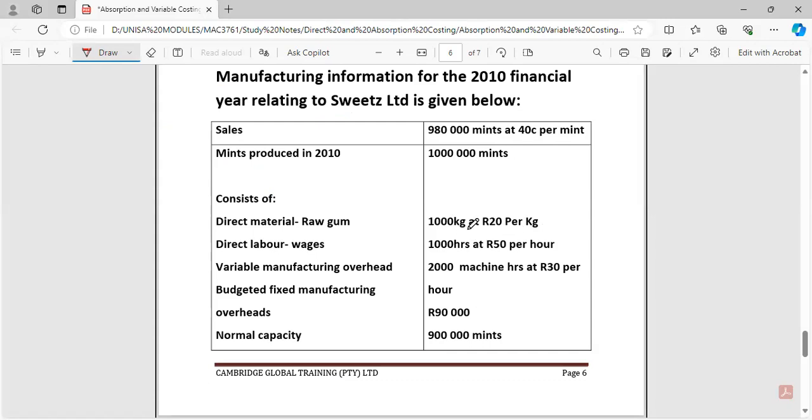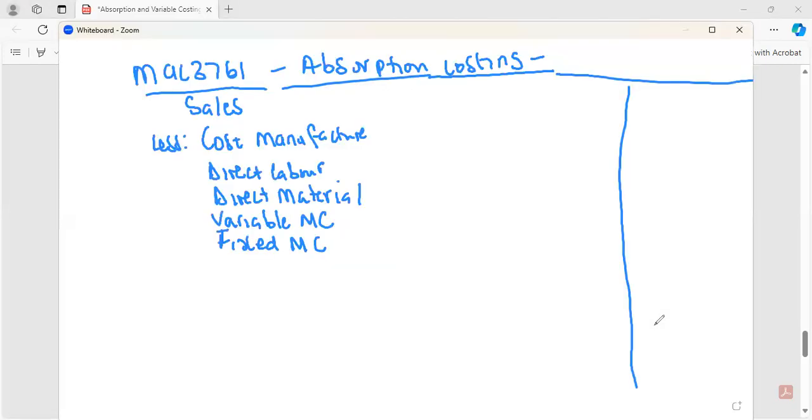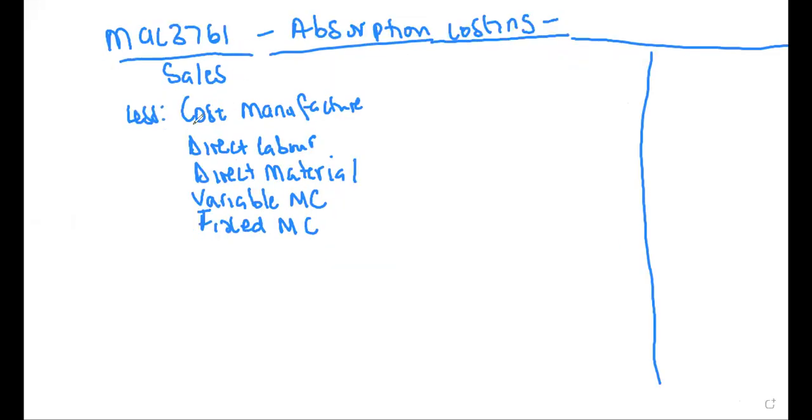So here we're going to have 1000 times 20. So that is going to be our direct material. It's going to be 1000 times 20 rand. That's our direct material.